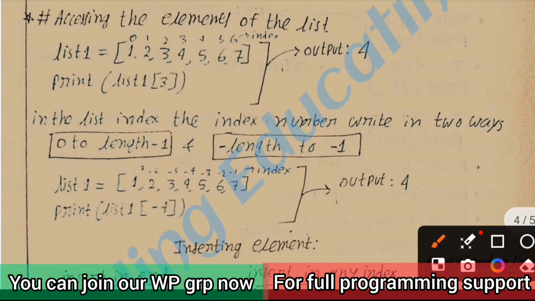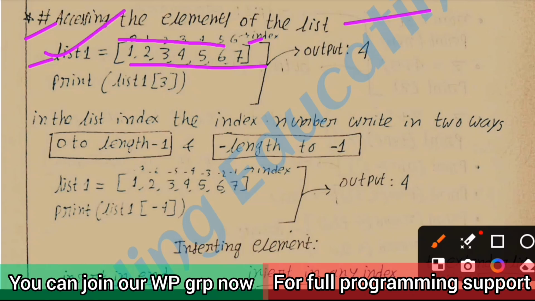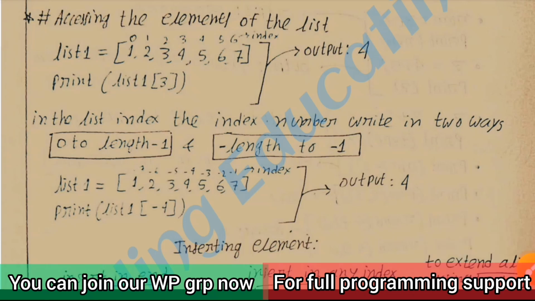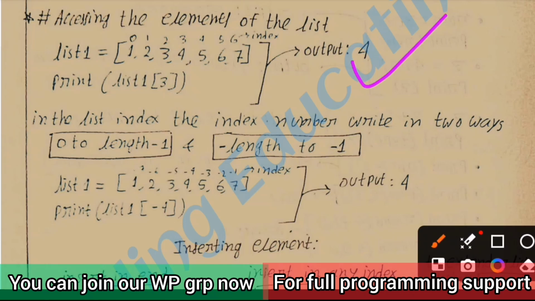And after that, accessing the elements of the list. List1, we can write 1 2 3 4 5 6 7, their index is 0 1 2 3 4 5 6, like that. And you can also print it like an array. So print, you can write list1 with index 3. So at index 3 there is data, and that data will be shown on our output screen.